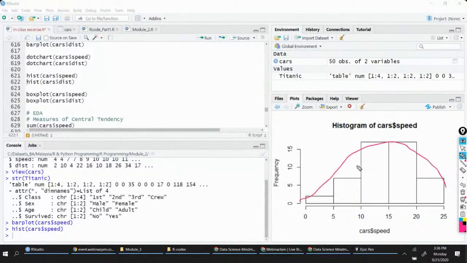But because I have discrete data now, what is the discrete data? 0 to 5, 5 to 10, 10 to 15, 15 to 20, 20 to 25. So I'm discretizing the data here to come up with the histogram.